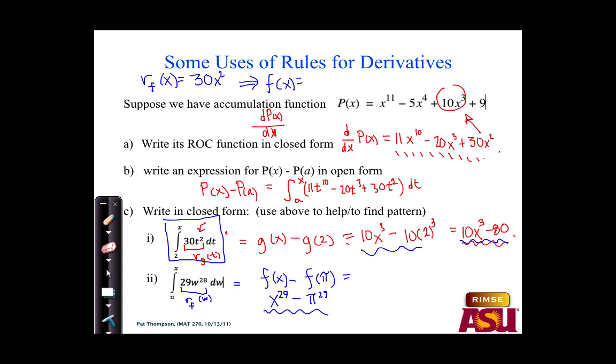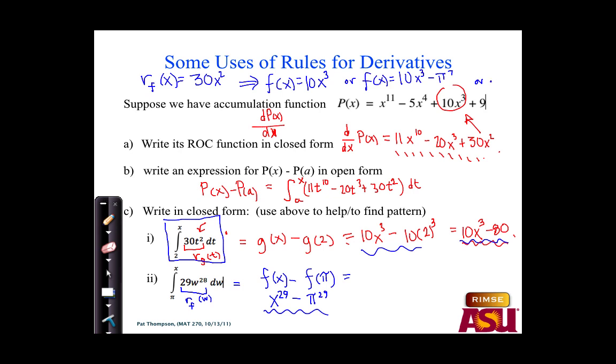let's see, what do we have? 10x cubed. But just like this 9 added on here doesn't do anything to the rate of change function, I could have had another option here. F of x is 10x cubed minus pi to the 7th power. Or it could have been f of x equals 10x cubed plus 93,000.